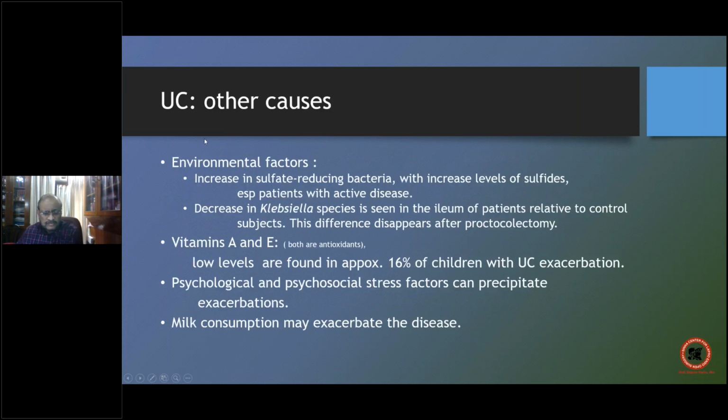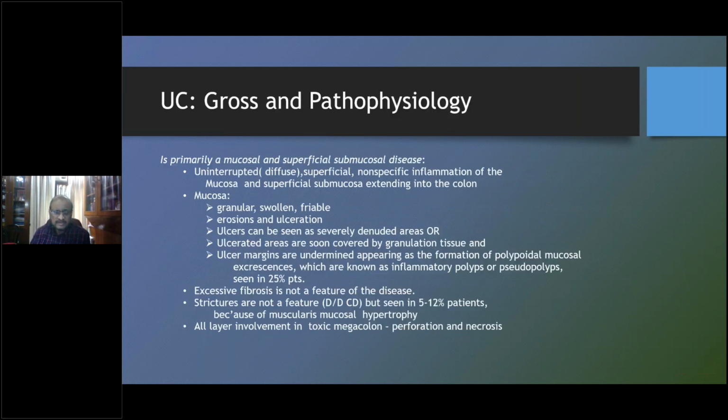The other causes of ulcerative colitis could be environmental factors: increase in sulfate-reducing bacteria and decrease in Klebsiella. Vitamin A and D both are antioxidants. If you have low levels of these, you may have increased incidence of ulcerative colitis or chance of exacerbation. Psychological and psychosocial stress factors can precipitate exacerbations, and milk consumption may exacerbate the disease.